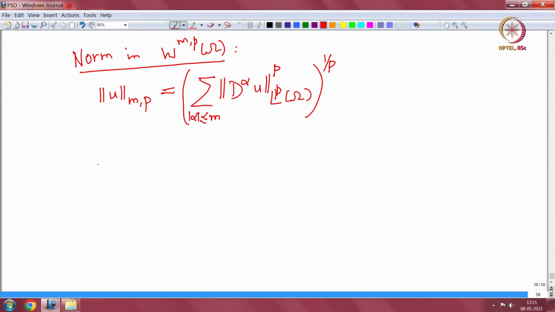Okay. So with this, if p is not equal to 2, W^{m,p} is a Banach space.